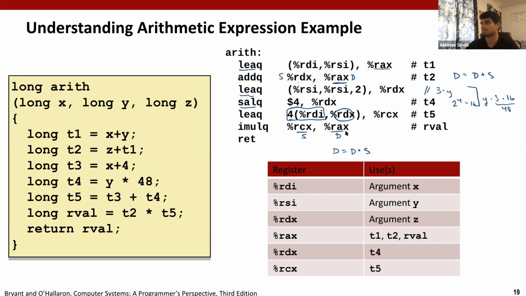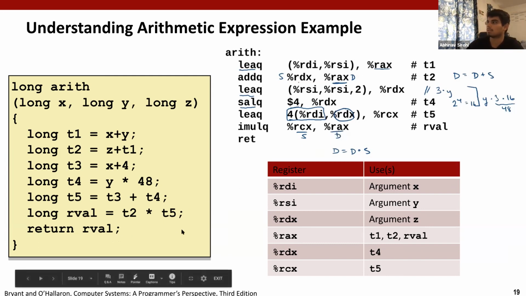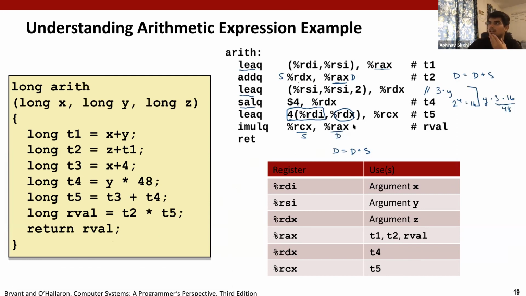And RAX is also the return value. So whenever we return from a function, it returns whatever is in RAX. And so when we return that, it returns whatever value we have in RAX, which is the rval that we want to return. And so that's basically how this code translates into the assembly, right?